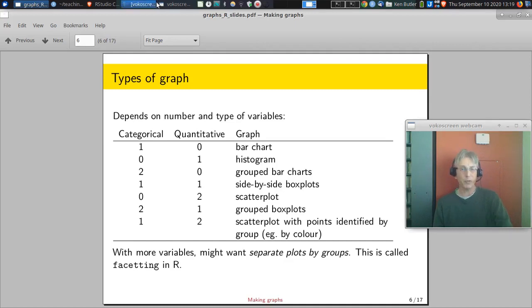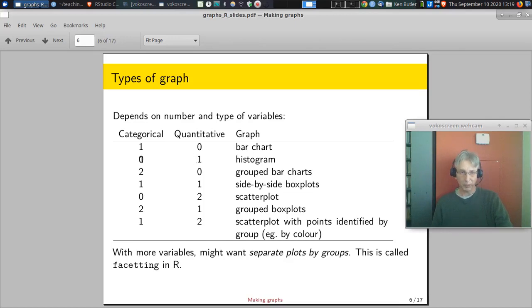The way I've sorted this out is to say how many categorical variables do I have and how many quantitative ones do I have. Based on those numbers, you can then think about what kind of graph I should be drawing.